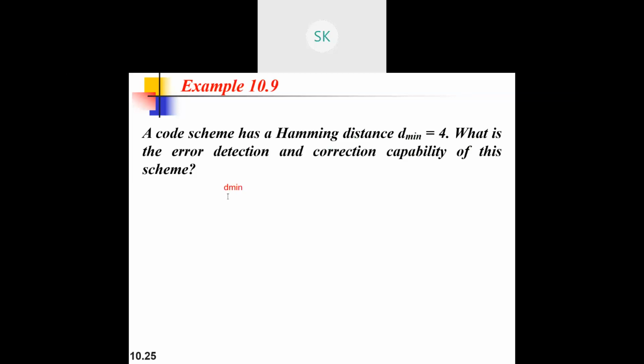Dmin is nothing but the minimum distance, calculated from the differences that we have with respect to your code words, right?